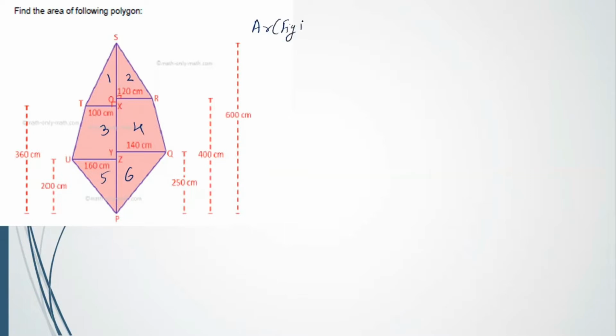Area of figure 1, as it is a triangle, is half into base into height. The base is here 100. So half into 100, and the height of this triangle is this part, SX. Now, how do I get SX? I can see that this complete distance SP is 600, and XP is 360.